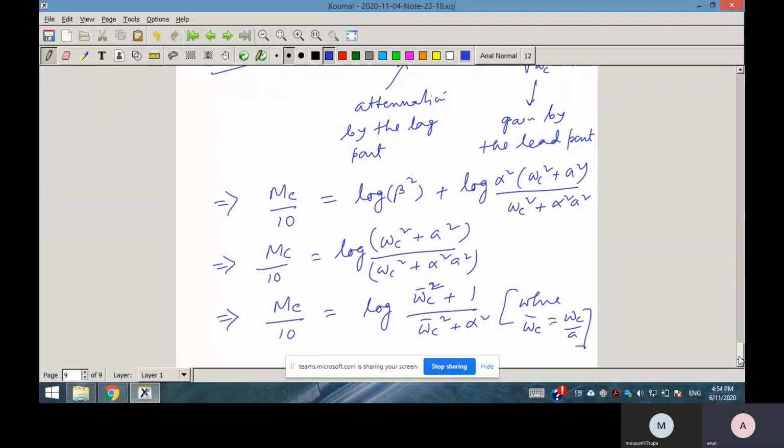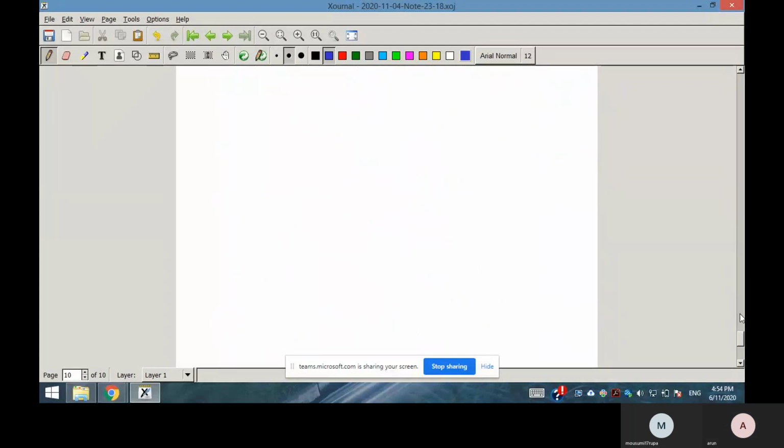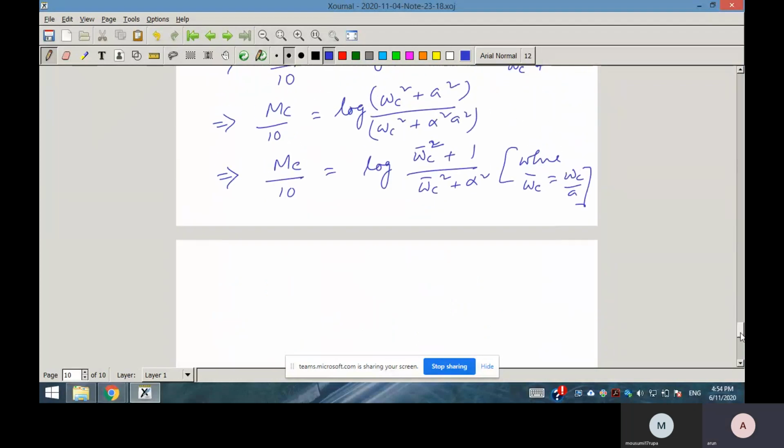Okay. So from here, then I have also defined that C. Then C I have defined earlier in case of lag, lead, all the controllers, 10 to the power of Mc by 10. Here Mc is negative, Mc attenuation means negative.